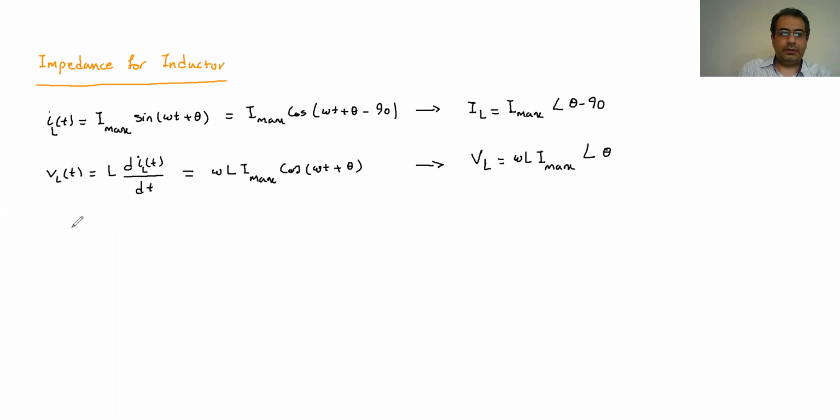So if I say that the VL here is equal to omega L I max with angle of theta, I can break it into two parts.